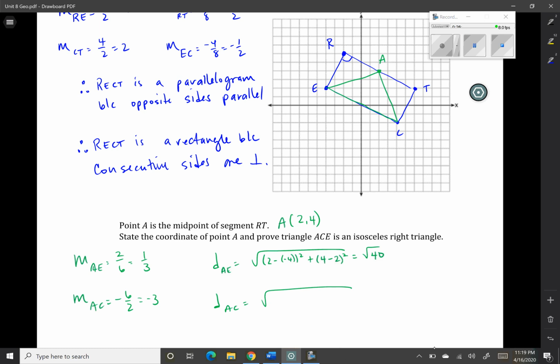I don't care about that. I just want to see if these two things are the same. From A to C, right, if I take my C values, x value, that's 4 minus 2 squared, and then subtract the y value, so negative 2 minus 4 squared, that's also going to give me the square root of 40.